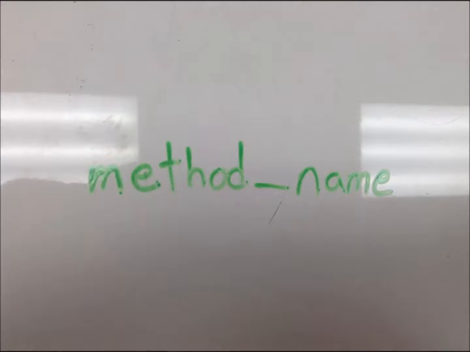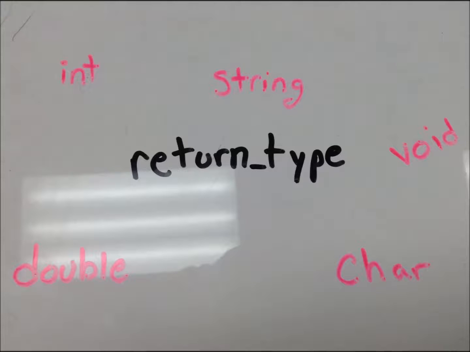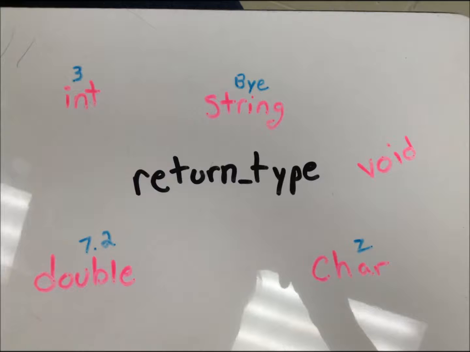It's the name of the method. Return type. It's the type of data a method returns. You first learned about these in Comp Sci 1 and 2. Later we'll look at Java versions of int, double, char, void, and string in more detail. The draw method does not return a value, and therefore it's a void type.